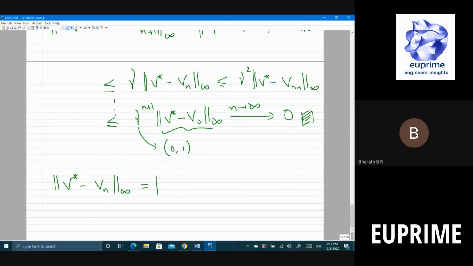So I can write this with the same step, right? Phi of V star, because phi of V star is equal to V star. But what is Vn? Vn is phi of Vn minus 1. So this is nu times V star minus Vn minus 1, right? Do you agree?